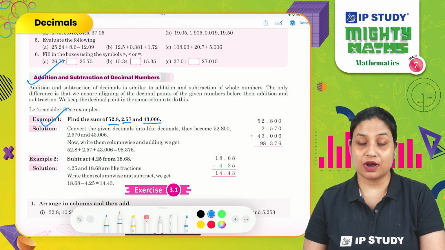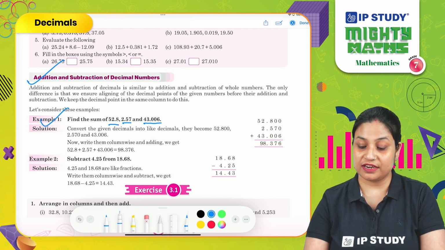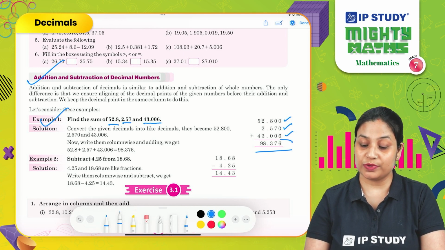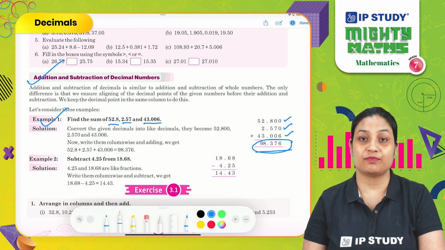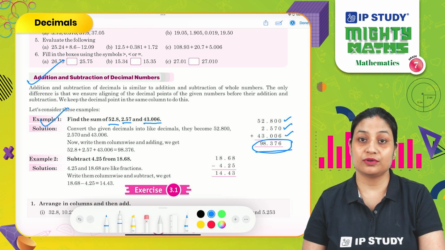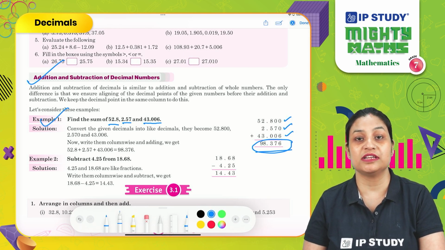So how we are going to do that? We know already. Simply write the numbers after converting them into like decimals like this and then add. When you add these numbers, what you will get? You will get 98.376.